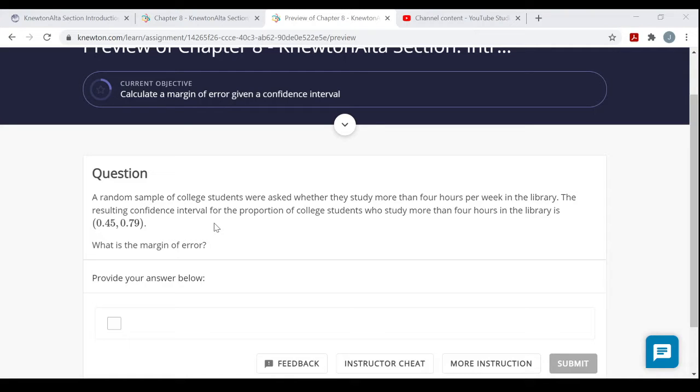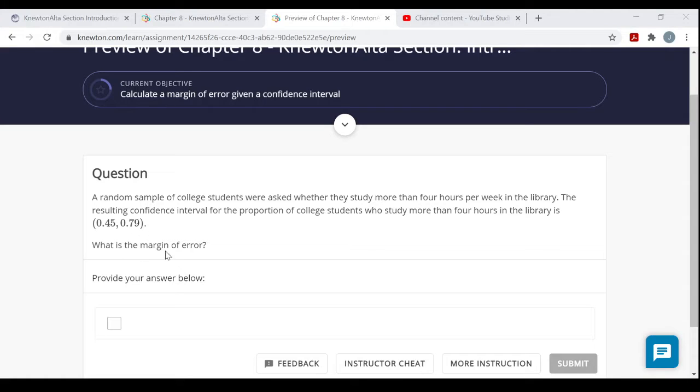Usually there's a confidence level associated with it, like 95% or 90% confident. So we're reasonably confident that the proportion of all college students who study for more than 4 hours in the library is somewhere between 45% and 79%.